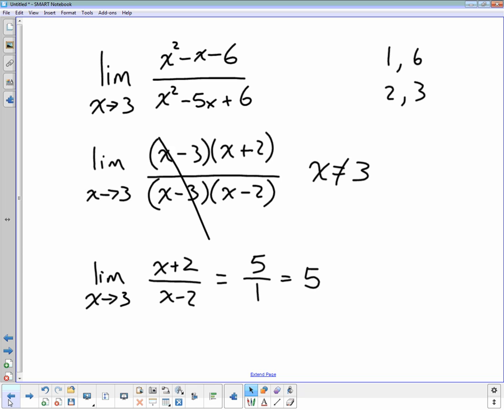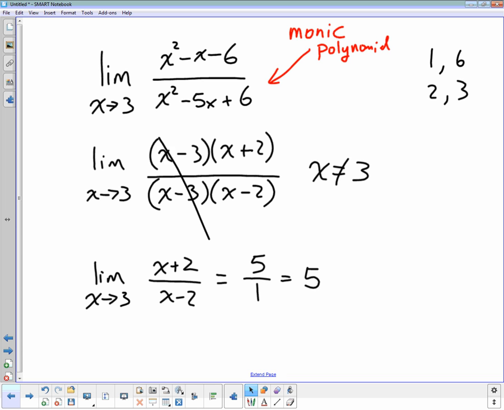By the way, a piece of vocabulary that I often use is this. This is what is called a monic polynomial. Monic, mono meaning one. It has a leading coefficient of 1, where it's 1x squared versus, say, 5x squared. You see those polynomials as well, right?